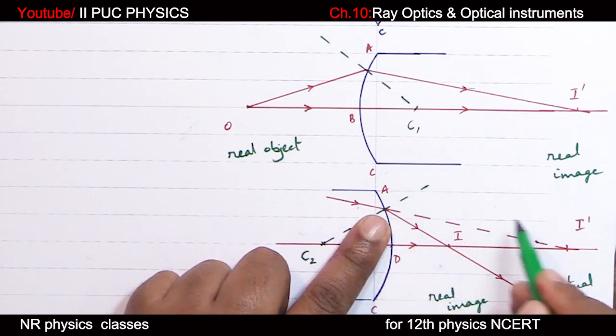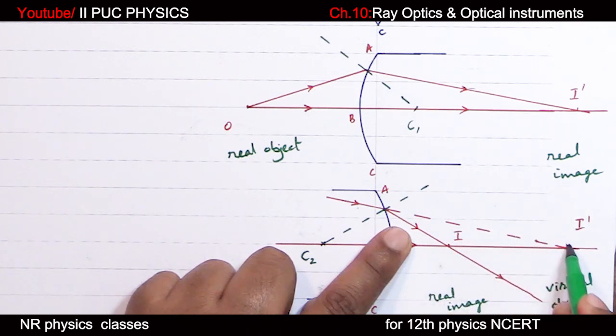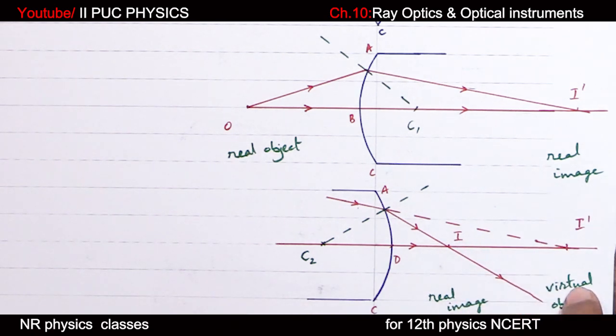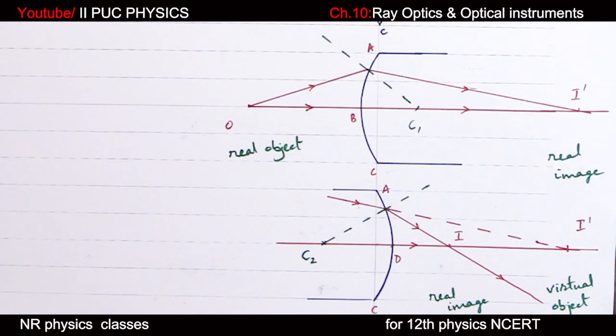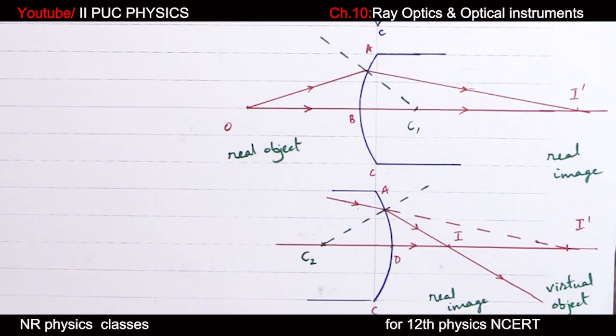This ray has not reached I dash, but it appears to be coming from I dash because instead of going there, it is coming to I. Instead of there, coming to I means this is a virtual object for this real image. This is virtual because the ray has not traveled to I dash. I think this virtual object has come for the first time, isn't it? Doesn't matter, you'll get used to it.